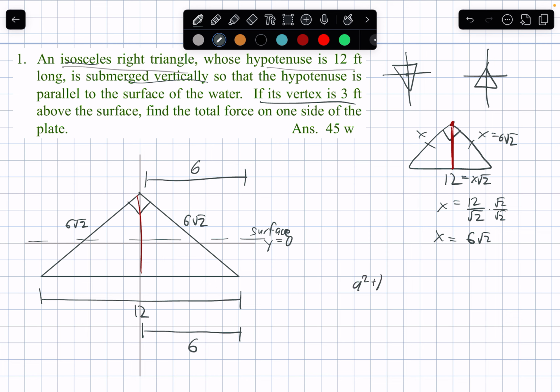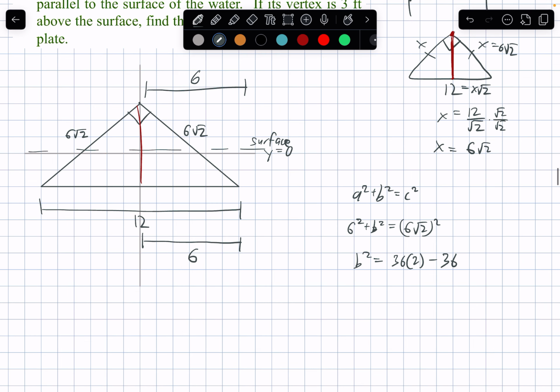So a squared plus b squared equal to c squared. 6 raised to 2 plus b squared, and the hypotenuse is 6 square root of 2. 36 times 2, transpose this to the right side. 72 minus its half, it's just going to be 36 again.